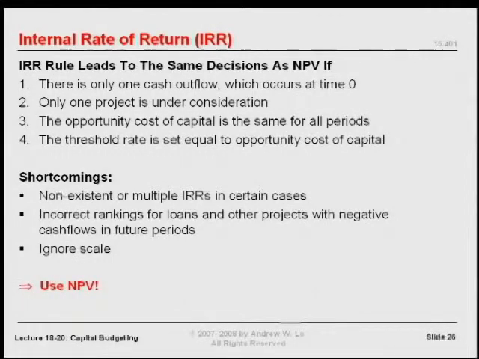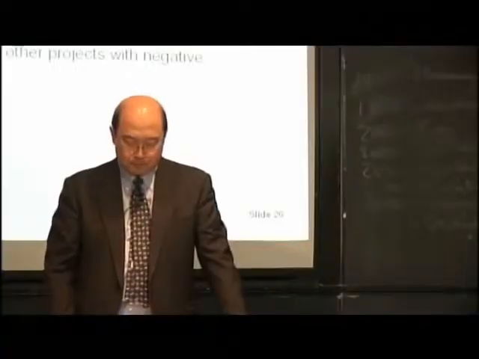Third, the opportunity cost of capital is the same for all periods, and the threshold rate that you use is set equal to the opportunity cost of capital. The reason you need all of these, I'm going to show you by way of counterexamples. But let me tell you right now up front what the shortcomings of IRR are and why you might want to think twice before using it.